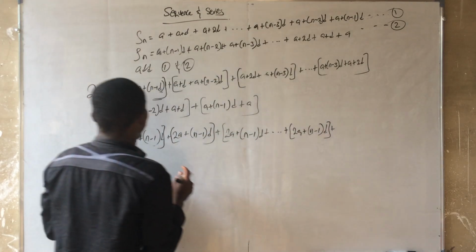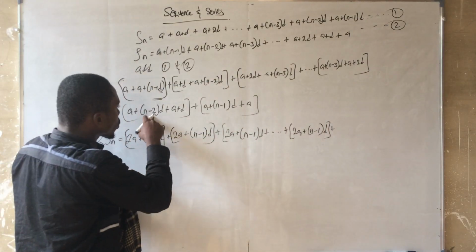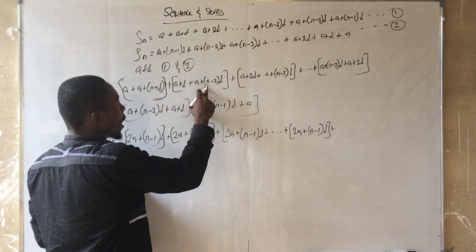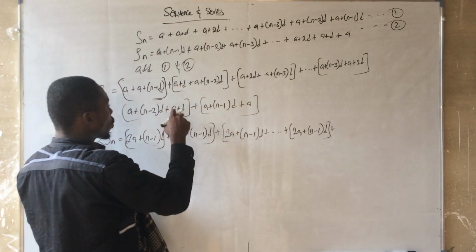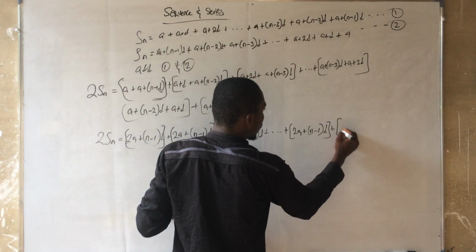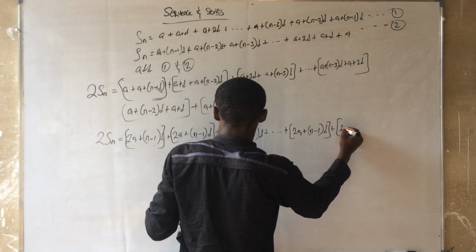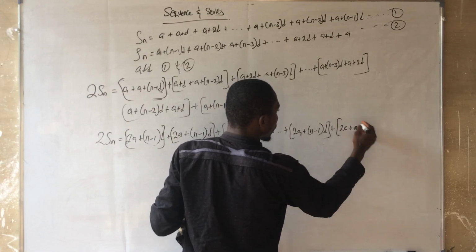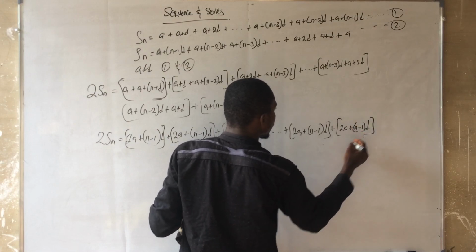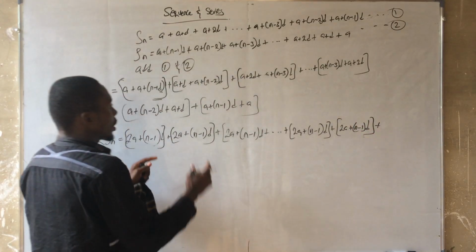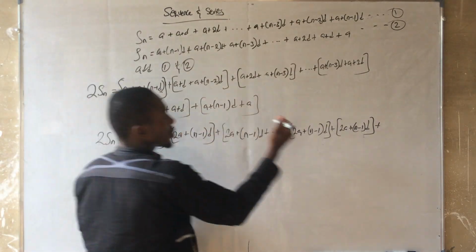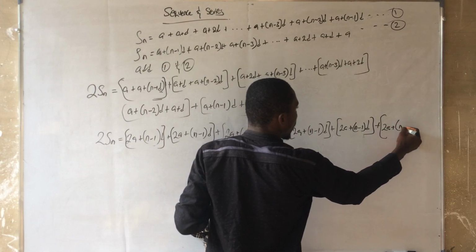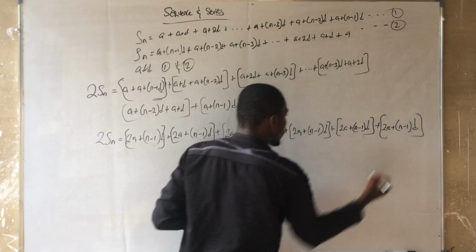I'll say again plus, here we have n minus 2d and a plus d, and that is what we have here, n minus 2d, a plus d, so it is the same thing. And I'll say 2a plus n minus 1 d. I'll say again plus, this same thing is this same one, 2a plus n minus 1 d.